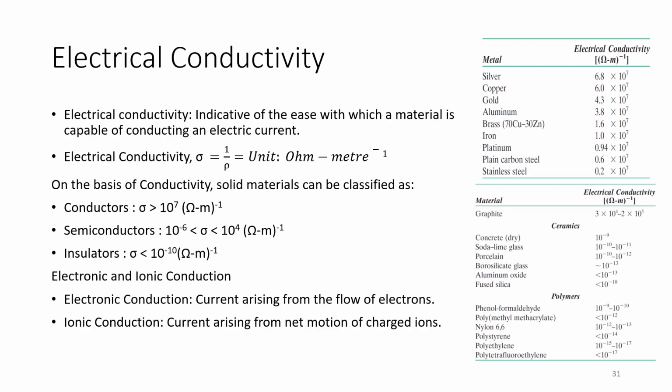We already talked about metals, and in case of graphite you have high conductivity, lesser than metals though, but it is still higher. In other ceramics you have very little conductivity, and polymers as well; ceramics and polymers both act as electric insulators.